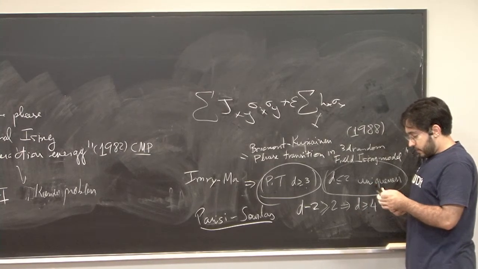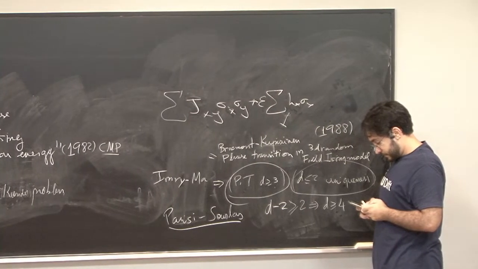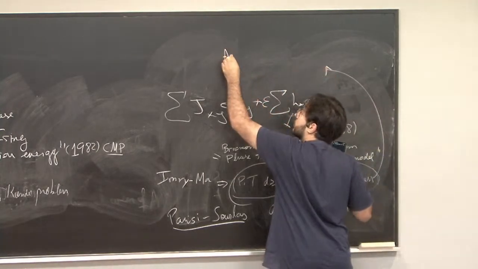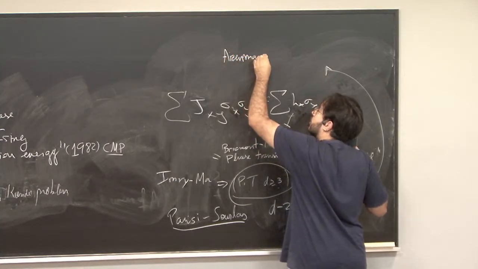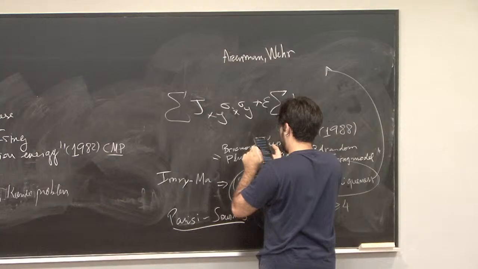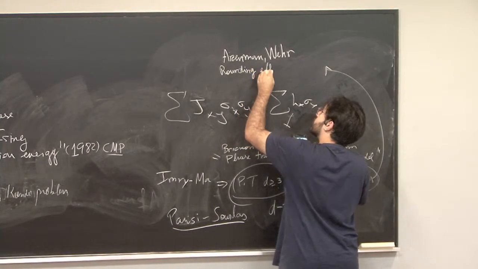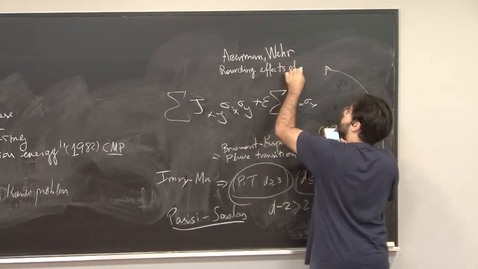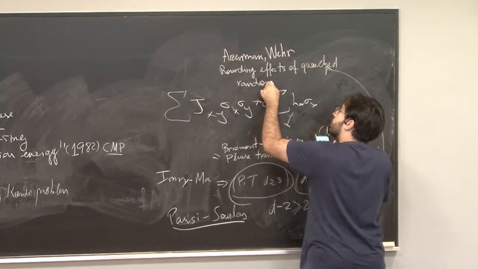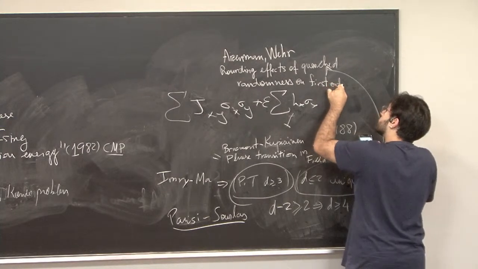The case of uniqueness was solved by two other researchers, Aizenman and Wehr, in a paper that is easier to find, called "Rounding effects of quenched randomness on first-order transitions."